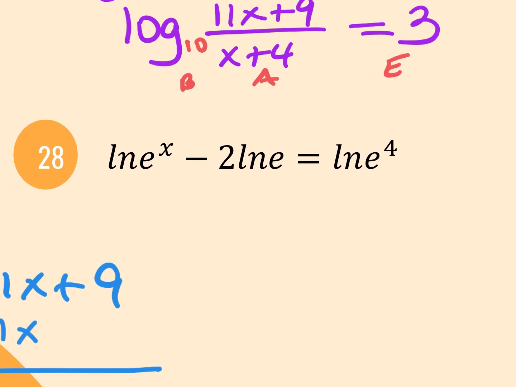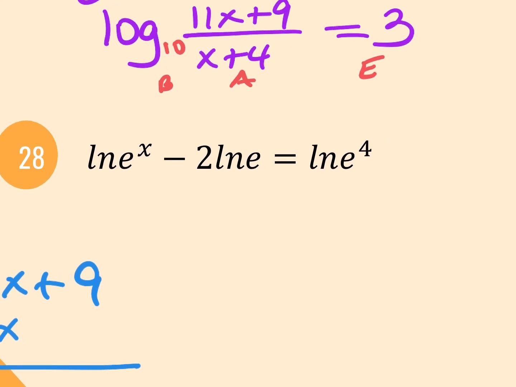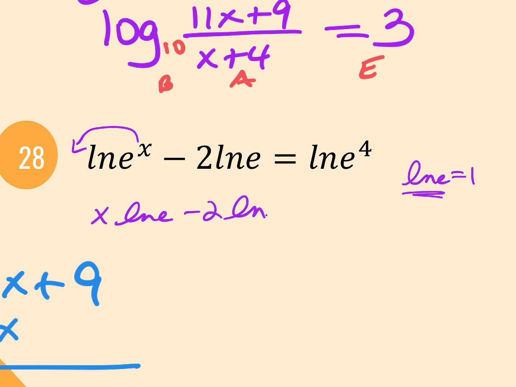Now, for 28, I can use the property that I memorized that the ln e equals 1. Now, I can only use this when something is being multiplied to ln. So what I'm going to do is apply my power property here, and I could swing this down and make this x times ln e minus 2 times ln e equals, again, move the 4 into the front.